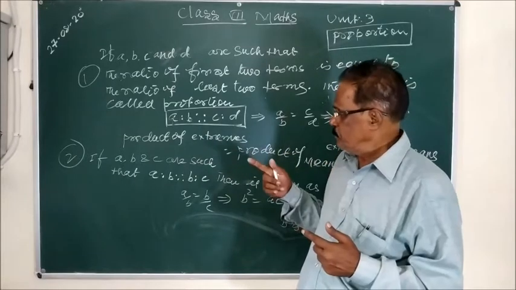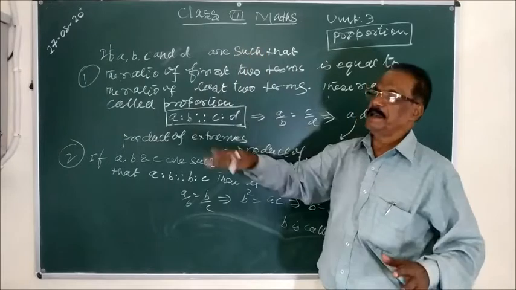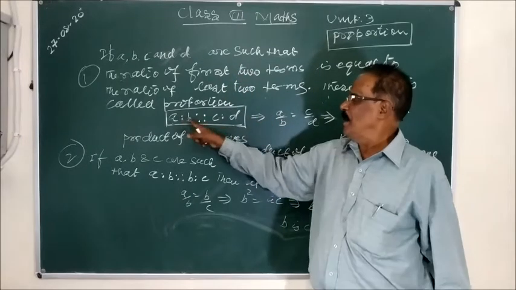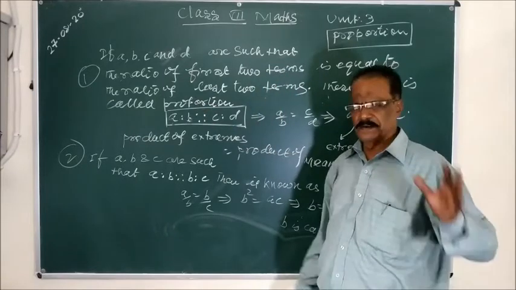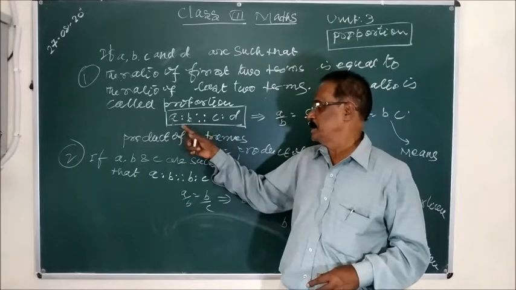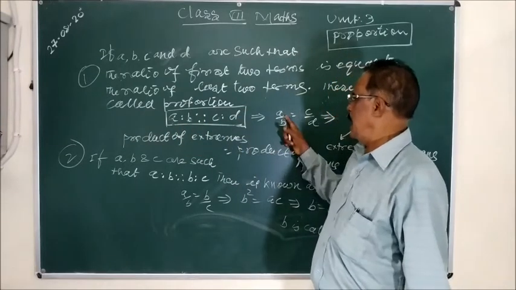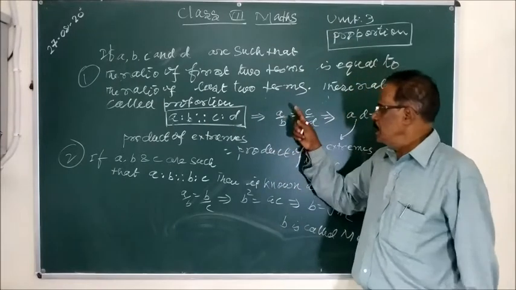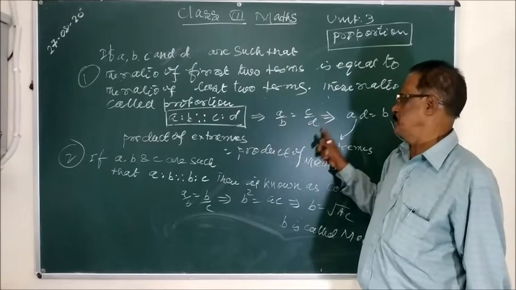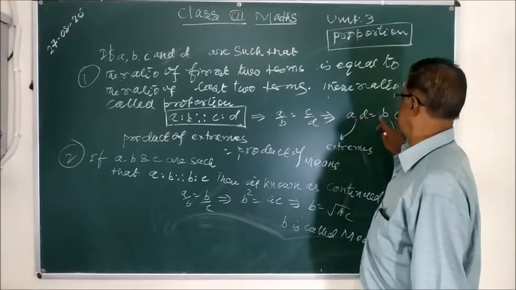Or in detail, taking the example, if A, B, C and D are four terms, and the ratio of the first two is equal to the ratio of the last two, then these terms are in proportion. Mathematically it is written like this, and we read it: A is to B as C is to D. This can be written as a fraction, you know very well: A by B is equal to C by D. On transferring D from right to left and B from left to right, we get AD is equal to BC.